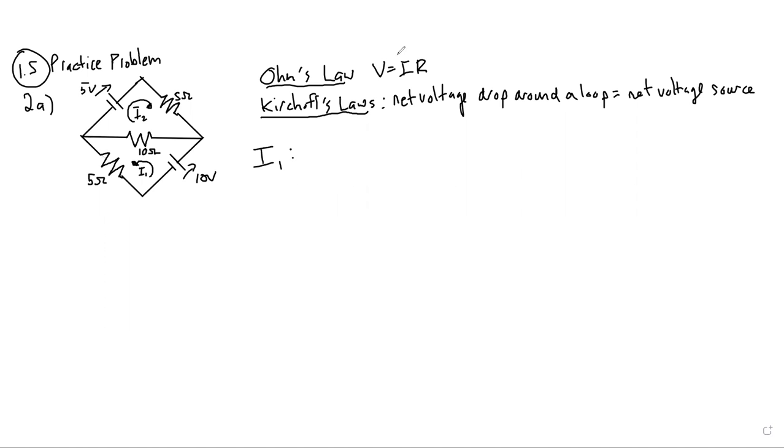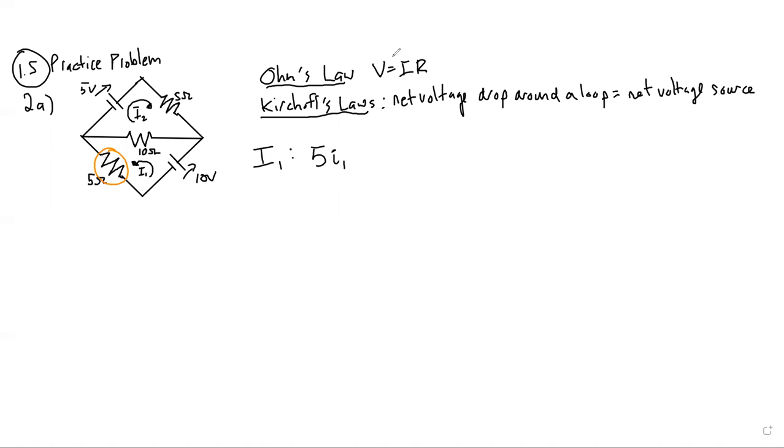If we look at the first resistor here, that's going to be 5 ohms, and it's only in that I1 loop, so it has nothing to do with the I2 loop. And so it's just going to be 5. I usually like to use the lowercase i's for these, where the big I refers to the loop itself. So I'll use 5I1 for that one drop.